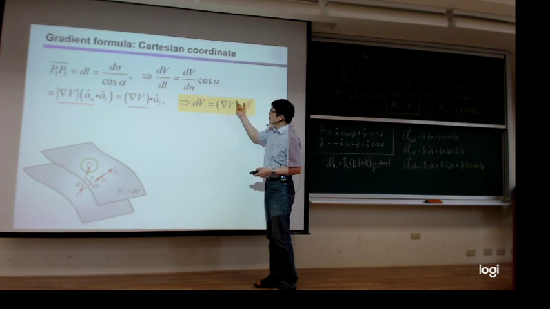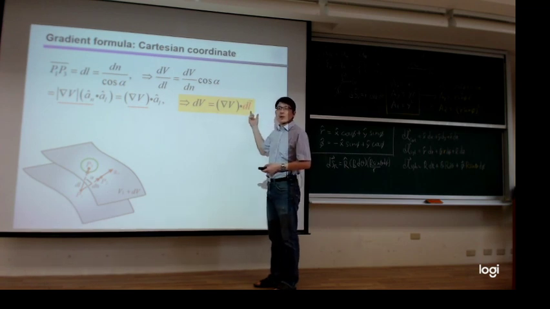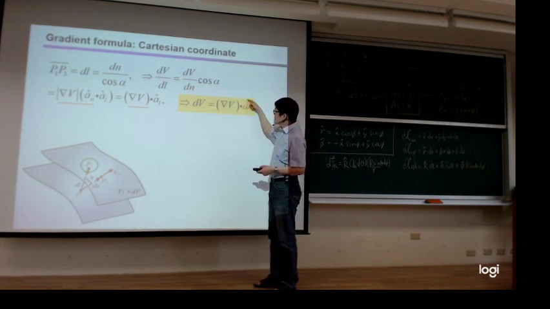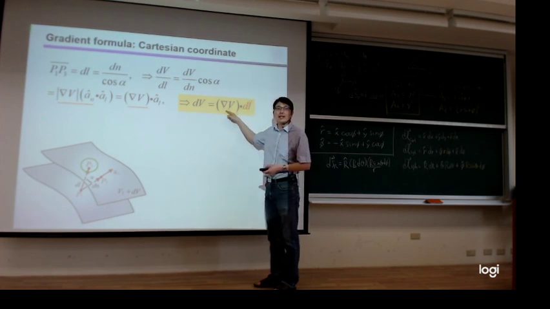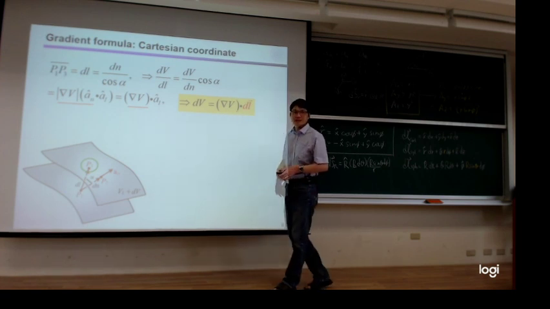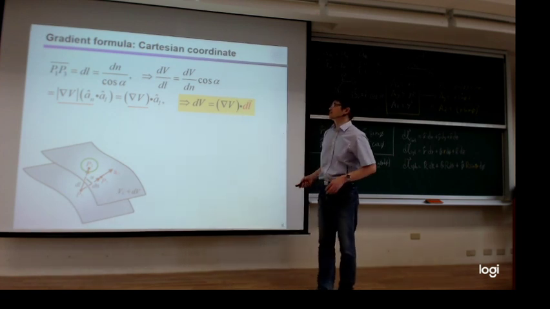So if we're working in different coordinate systems, once we know the proper formula for dl, then we know the gradient of v for that given coordinate system. So let's go over them.